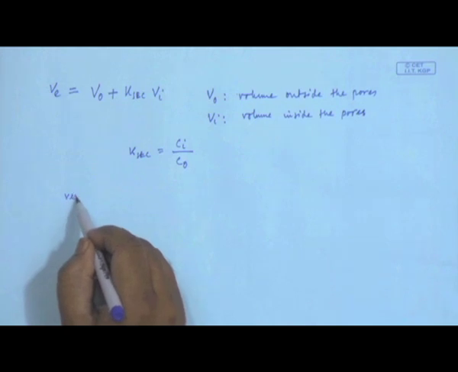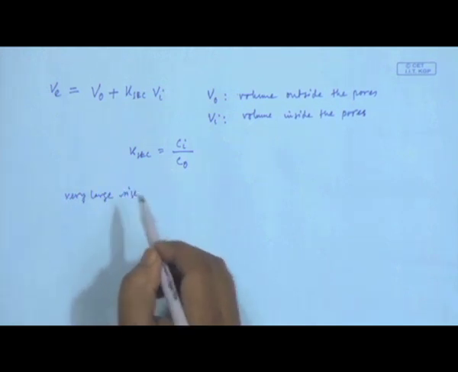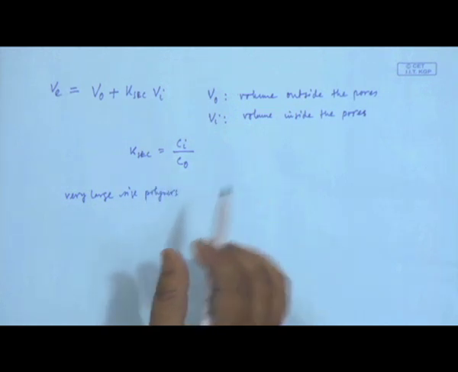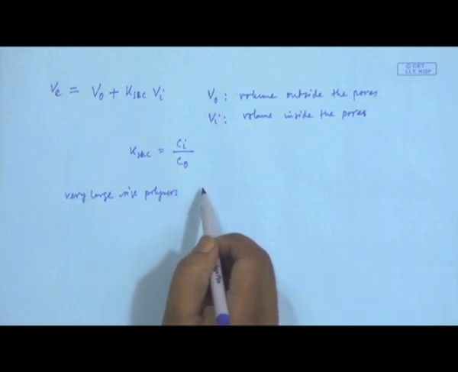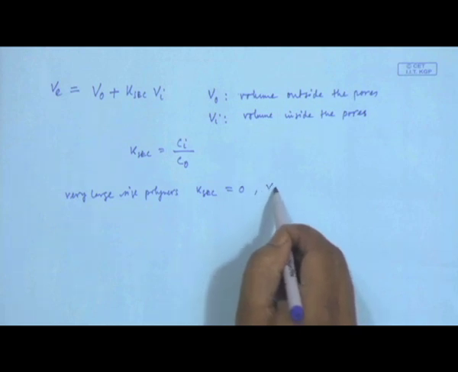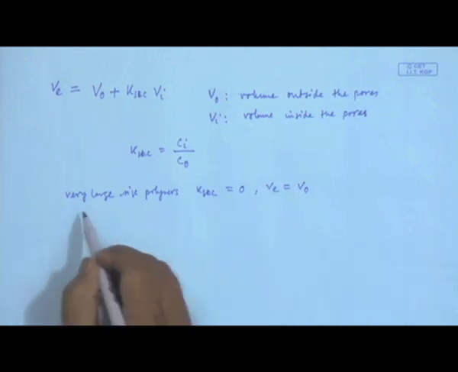So, for very large polymer chains, which have a larger size, they do not penetrate the pores. So K_SEC is 0, and V is given by the outside volume.